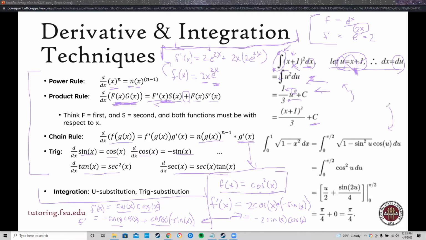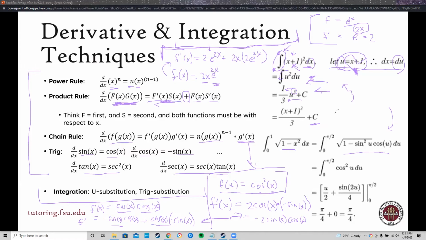If I'm doing a trig substitution, trig substitutions require knowing some trig identity that makes it easier to simplify. So right here, when I have 1 minus x squared, I think back to all the trig knowledge that I'm sure you remember, and realize that 1 minus x squared is very similar to either the secant tangent identity or the sine cosine identity, which, as you can see, we use.